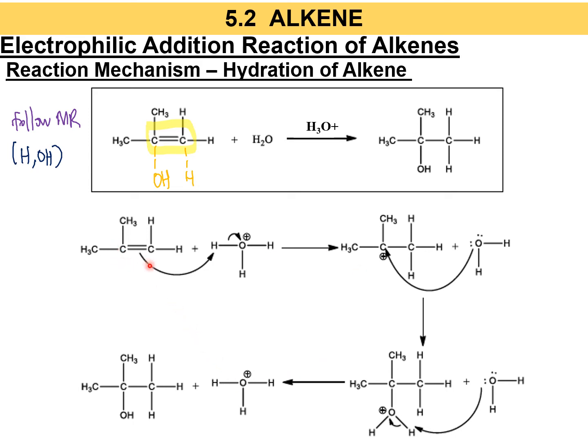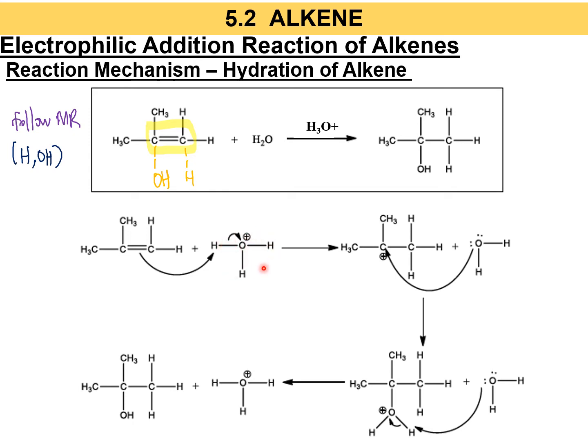Okay, so I believe the first step is you need to form a carbocation ion. How can you do that? Daripada alkene ni, you have to reactkan dia dengan H3O+, di mana this double bond dia akan ambil this hydrogen from the H3O+, and this hydrogen dia akan break the bond dengan the rest of the H3O+.